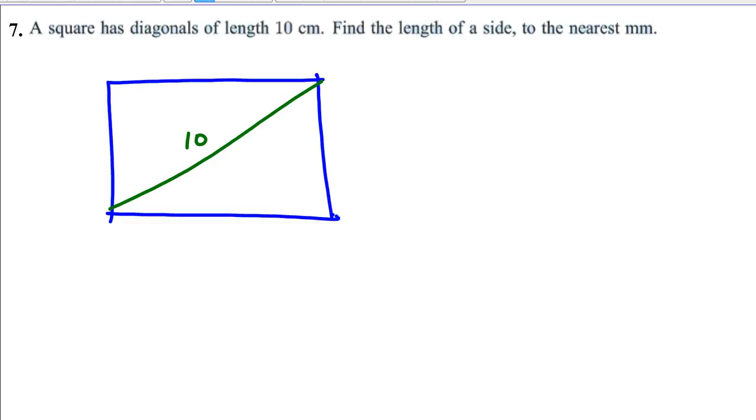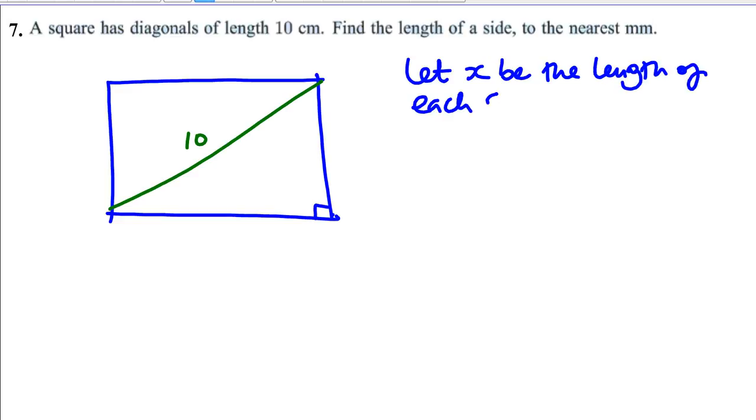Of course, each of these interior angles is 90 degrees. Let x be the length of each side, which means let that be x, let that be x, let that be x, let that be x.